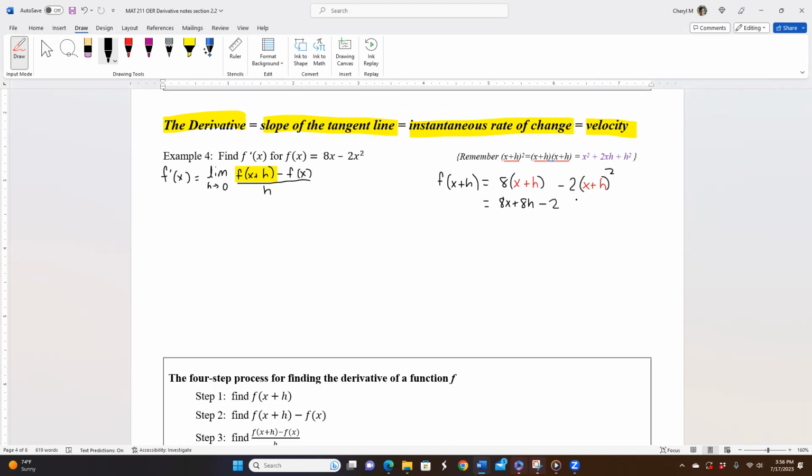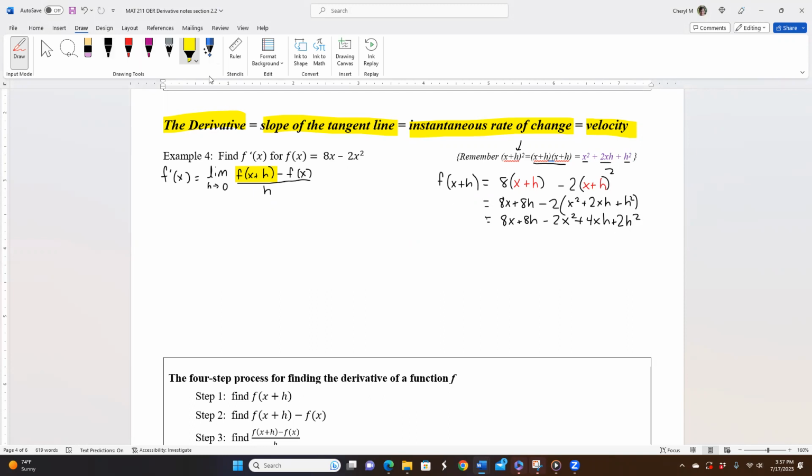And back here, the 2 times x plus h squared. Remember, x plus h squared is really foiling, which gives us x squared plus 2xh plus h squared. So we're going to put that in here, squared, like that, and we multiply it out. 2x squared plus 4xh plus 2h squared.